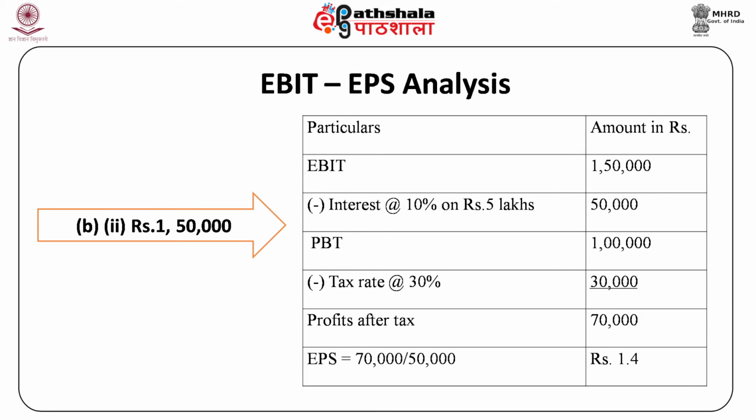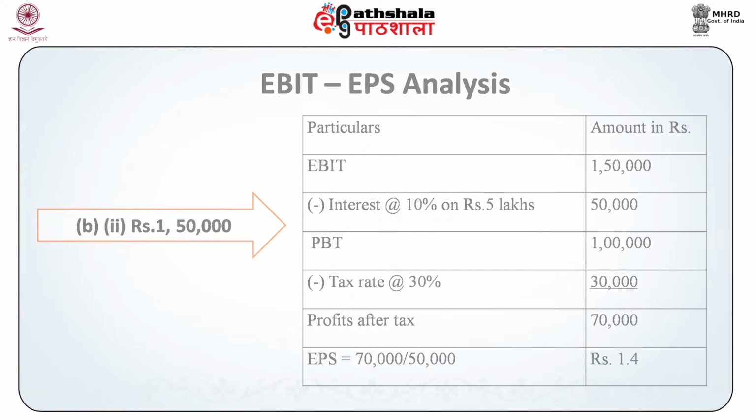EBIT 1,50,000, interest on 5 lakhs 50,000, PBT 1 lakh, tax on this 30,000, profit after tax 70,000, and earning per share 70,000 divided by 50,000 is 1.4. Thus we see how EPS changes with changes in level of borrowings and with change in EBIT.